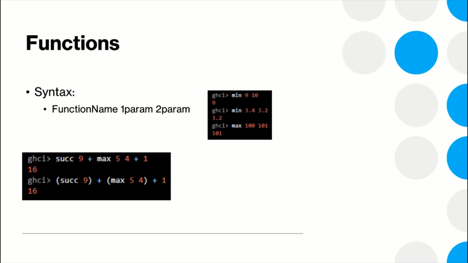The max value of 5 and 4 is 5, so 5 plus 1 is 6, plus 10 is 16. So in Haskell we have the same hierarchy that we have in mathematics, so we can do the same operations that we usually do in math.